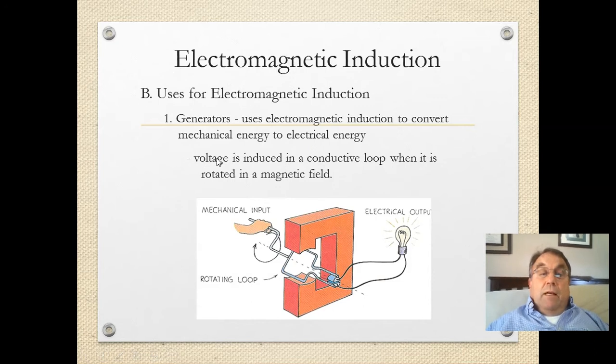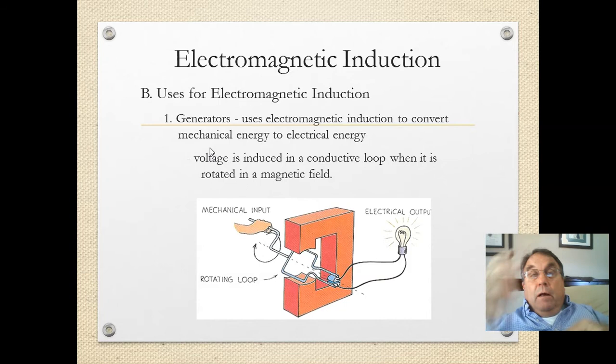From mechanical energy. So you put in work, a mechanical input, whether it's water flowing through a dam, or wind blowing and moving a wind turbine, or steam expanding and pushing a turbine, which pushes a generator. So mechanical energy in and electrical energy out.